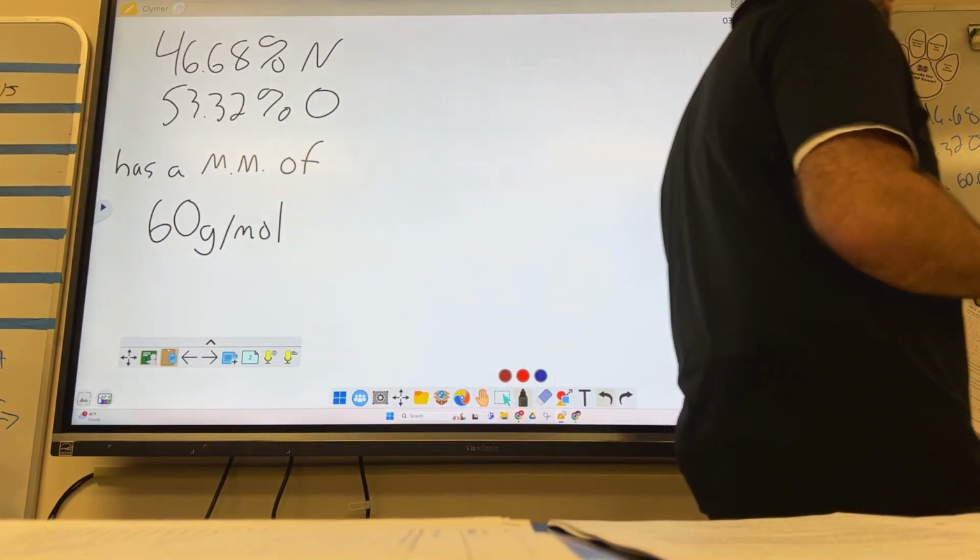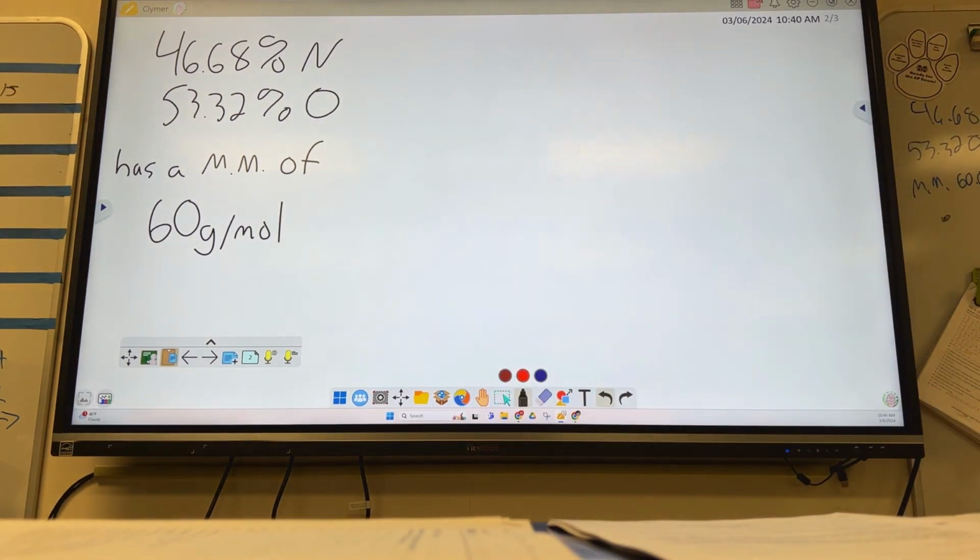What is the molecular formula of this compound? It is 46.68% nitrogen, 53.32% oxygen, and it has a molar mass of 60 grams per mole.